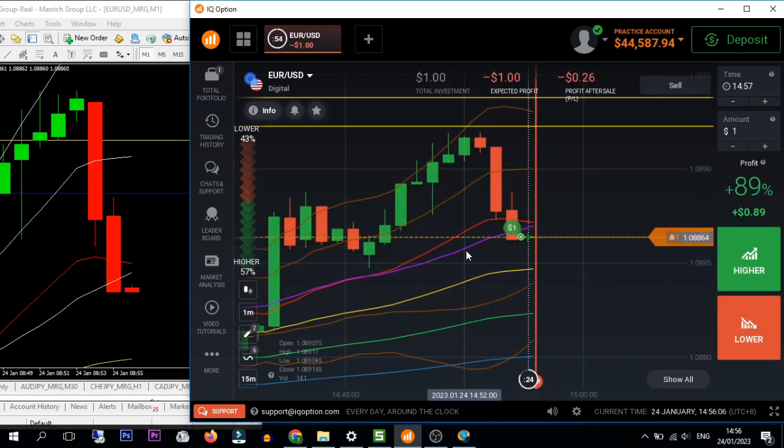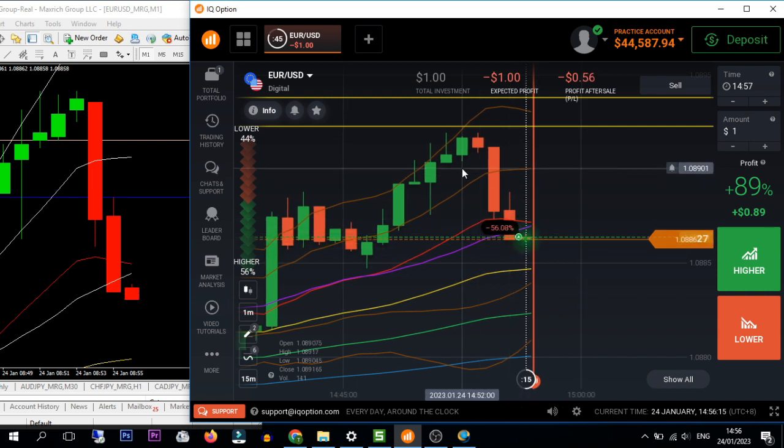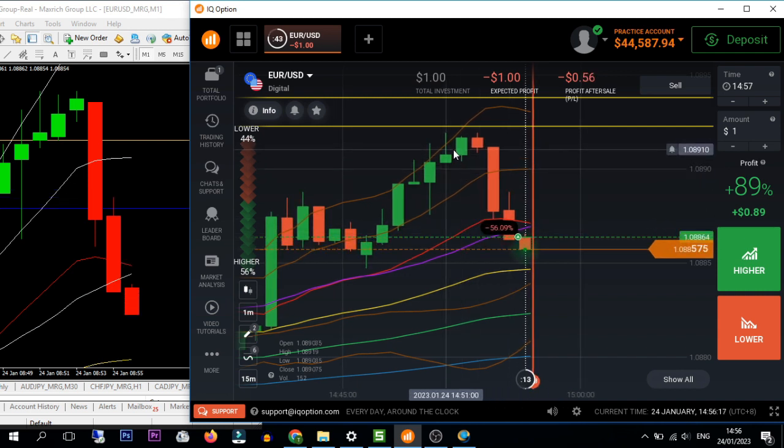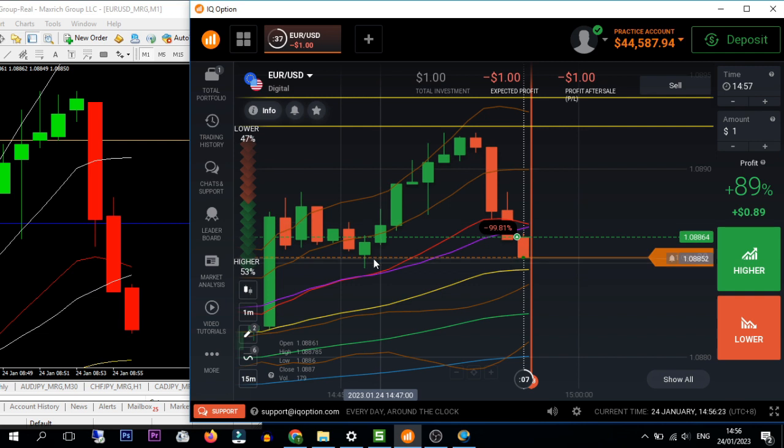Okay, so I will do a call here, because why? Because this 1 2 3 is such a strong breakout. This should be a small bullish, because this is a bullish, then here a bullish, and here a doji.